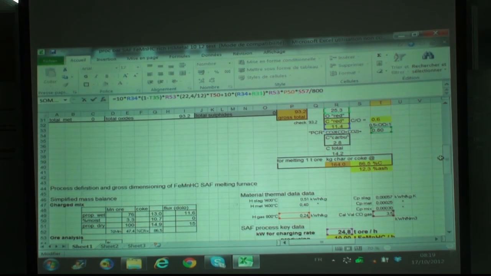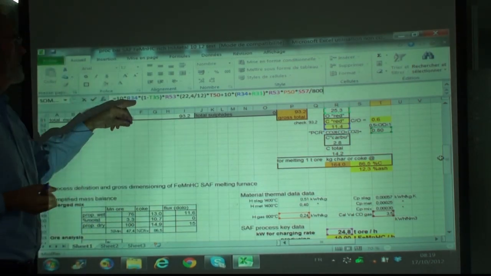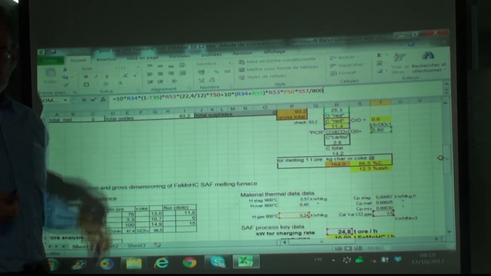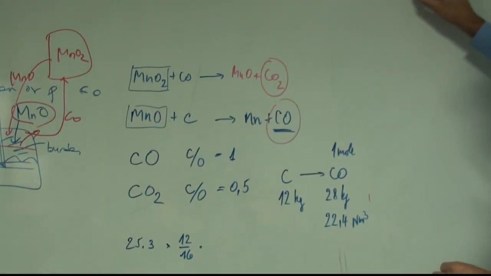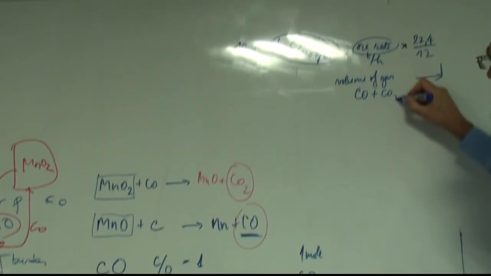So this is the kilocarbon per 100 kilo, this is the ore rate, and this times 22.4 over 12. Until here I have nothing other than the volume of gas, of CO plus CO2.